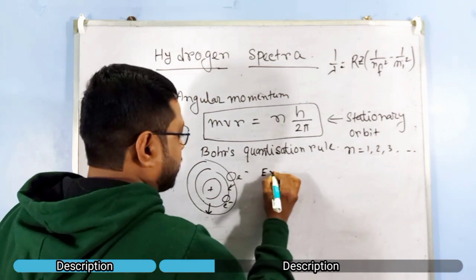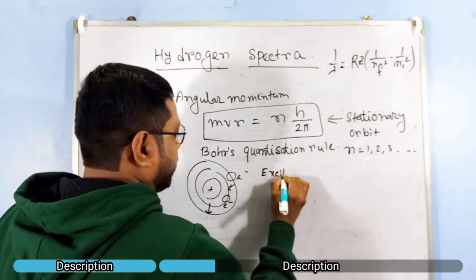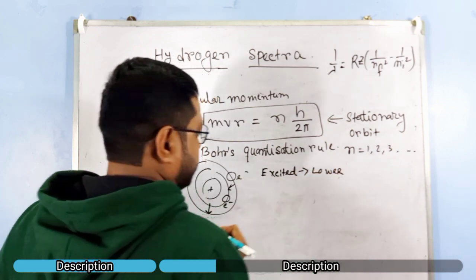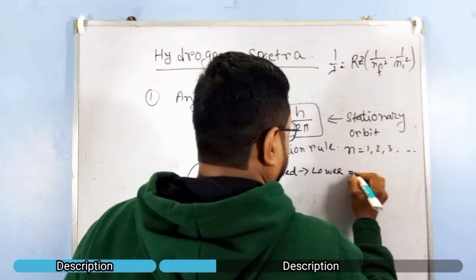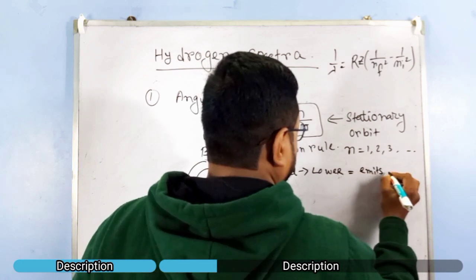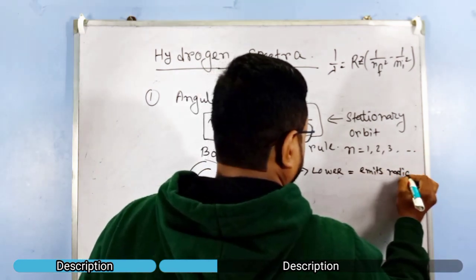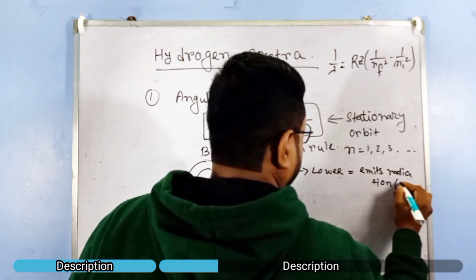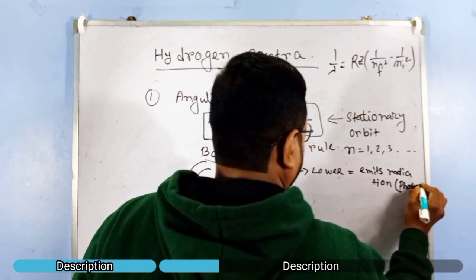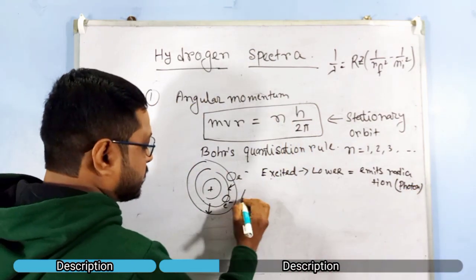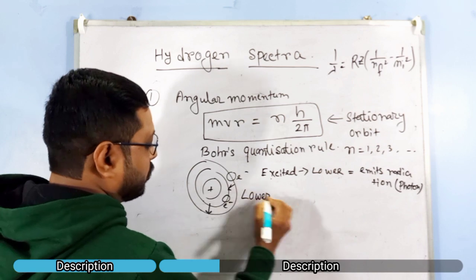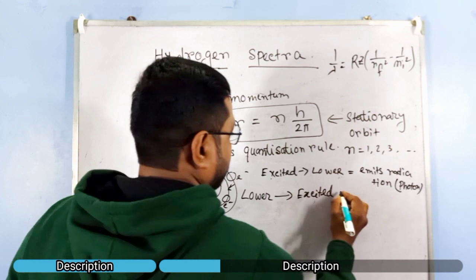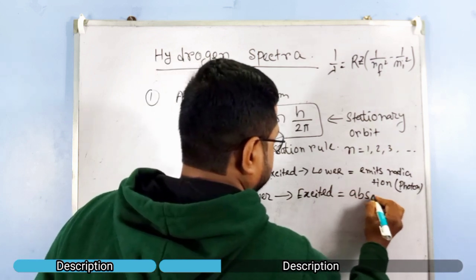When it goes from the excited energy state to the lower energy state, excited means upper, it emits radiation in the form of a photon. Or the reverse process, when it goes from lower to the excited state, it absorbs radiation.